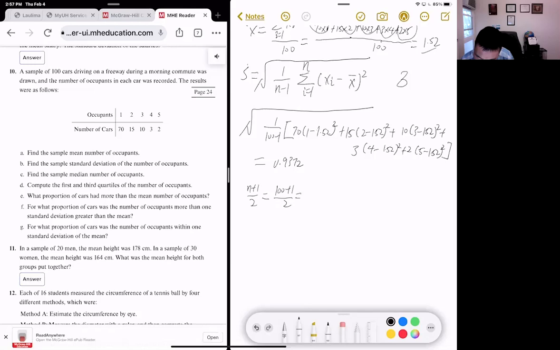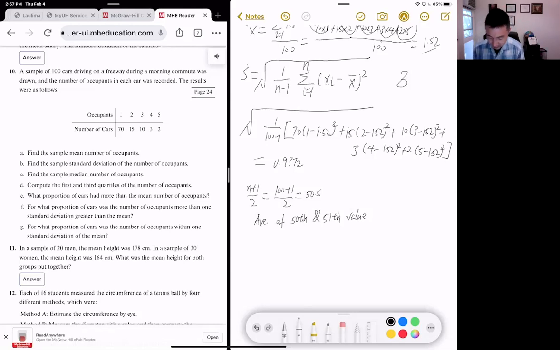It is not an integer, it's 50.5, which means we should take the average of the 50th and 51st value. Right.